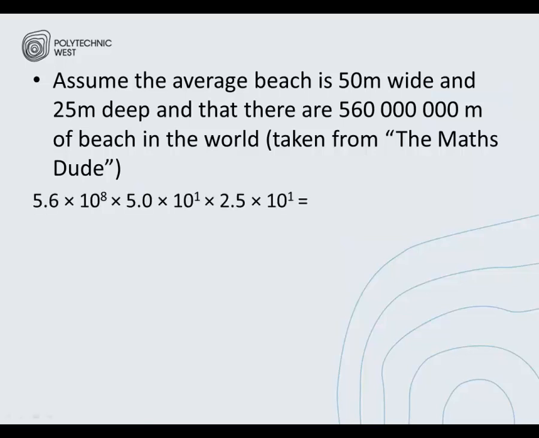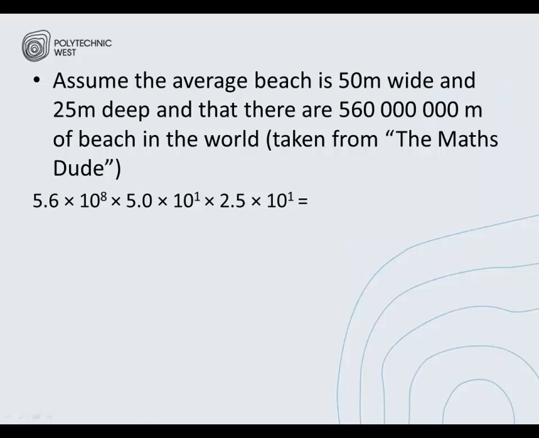If we assume that, then to work out the number of grains of sand, we first need to find how many cubic metres of beach there are. So we take the 560 million, and that's 5.6 times 10 to the 8. And we multiply that by 5 times 10 to the 1, which is the 50 metres, times 2.5 times 10 to the 1, which is the 25 metres.